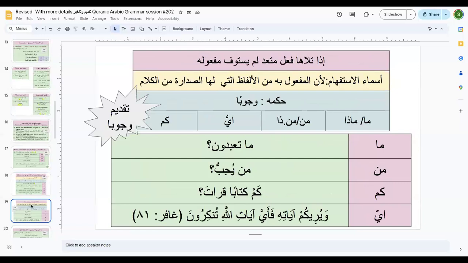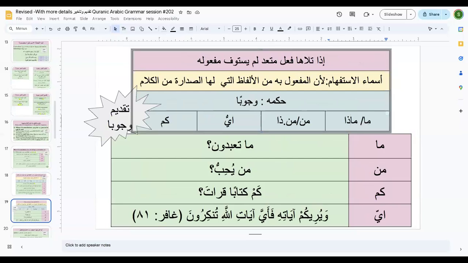Okay, now, not the last case, but another case where we are going to see the asma' that are going to be in the beginning, and for these words you are going to also have as-sadaratu min al-kalam. So now see what words are there. You have to focus on this list. Ma, maza, man, manza, ayyukum.